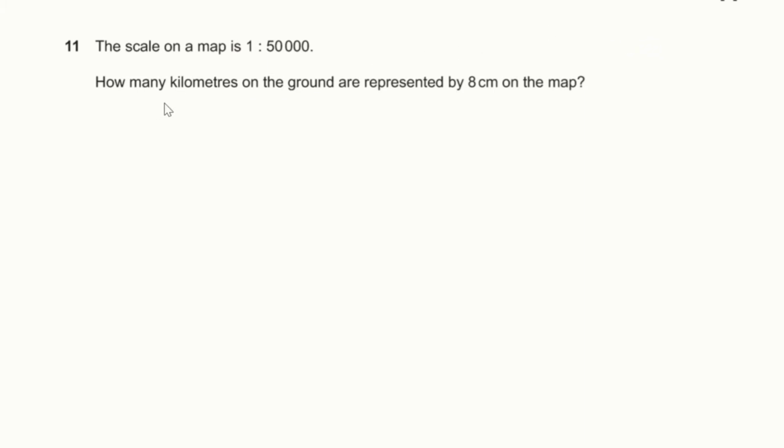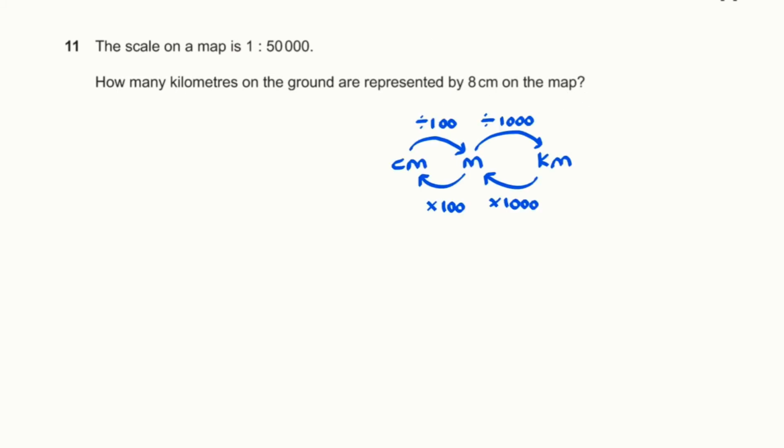Question number 11. The scale on a map is 1 to 50,000, and we have to find out how many kilometers on the ground are represented by 8 centimeters on the map. First of all, we've got these conversions. Centimeters to meters, we divide by 100. Meters to kilometers, we divide by 1000.